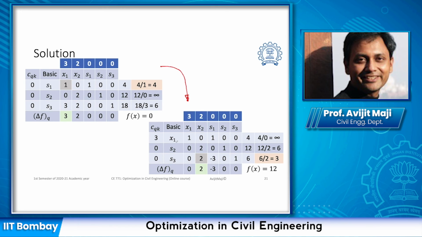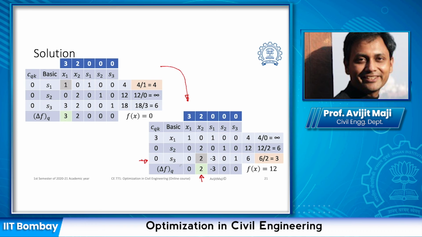So in this tableau we get x1 as the basic variable, and once we compute the del fq, we find now x2 is going to enter and s3 is going to leave.